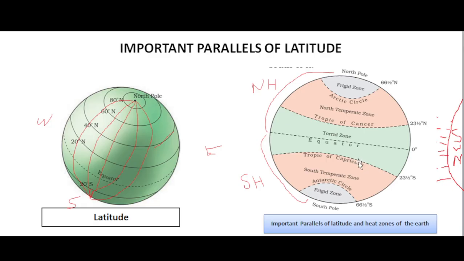The Arctic Circle lies at a distance of 66.5 degrees north of the equator. This is the Arctic Circle, in the northern hemisphere, and the Antarctic Circle is at 66.5 degrees south, in the southern hemisphere.